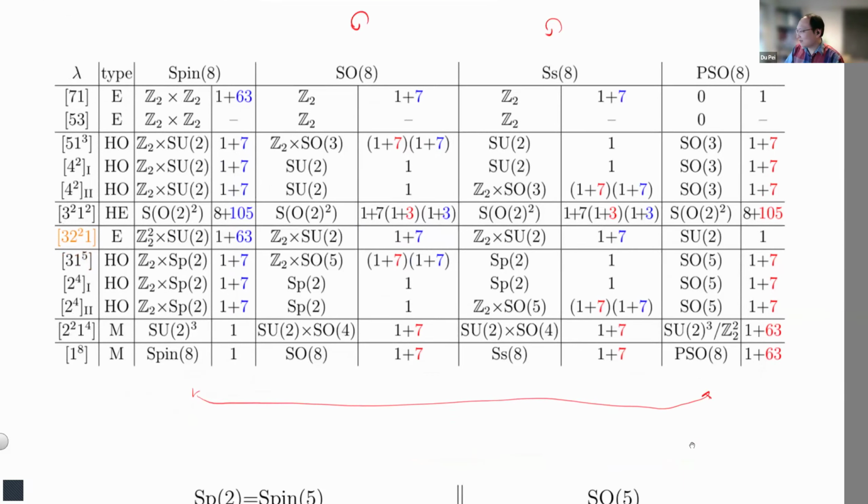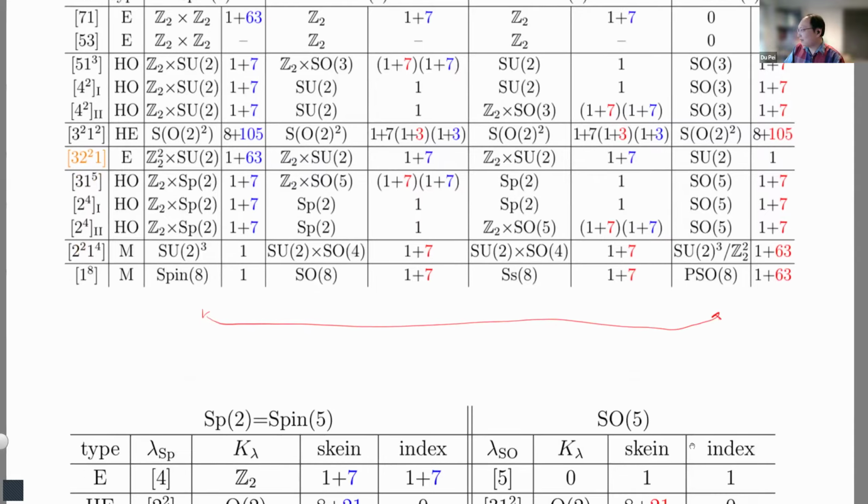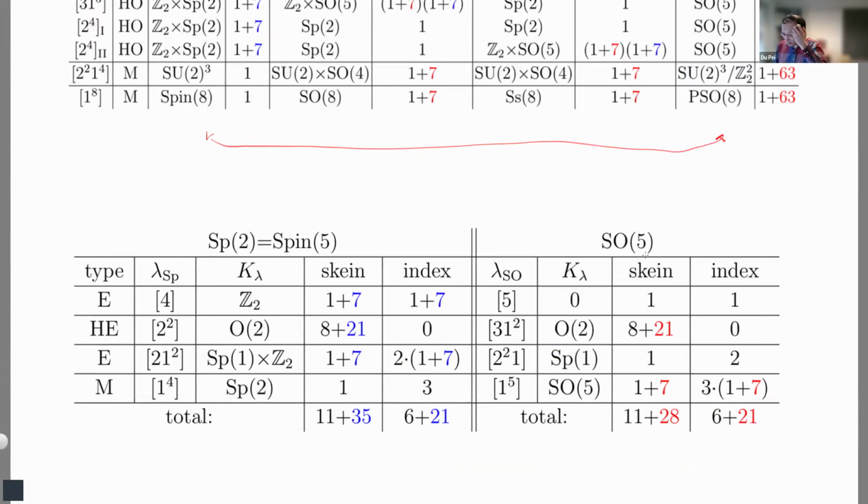But there are also cases where Langlands duality does not seem to hold. So here, this is a dual pair, Spin 5, which is the same as Sp2, versus SO5. If one computes this on the two sides, then there's a mismatch of 7.